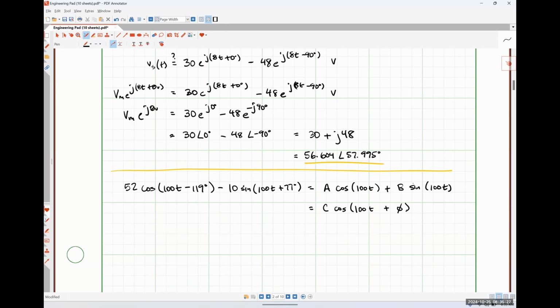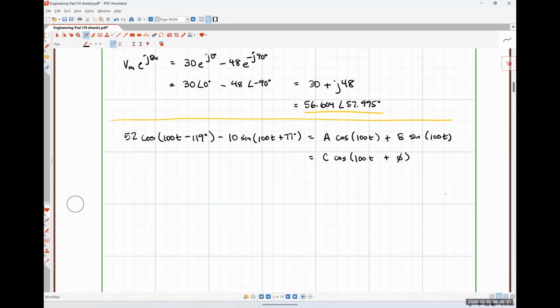Okay. So let's use the trick that we just figured out real quick to figure out what C and our phase angle is, right? So how would I represent this 52 cosine(100t minus 119 degrees) as a complex number?